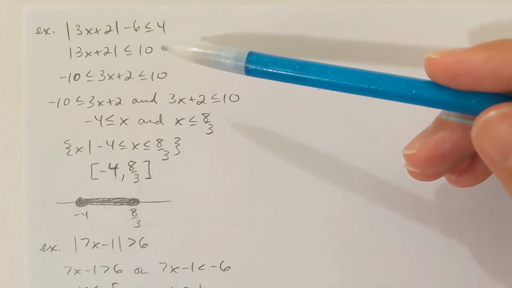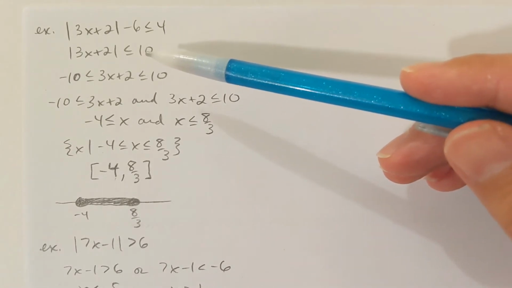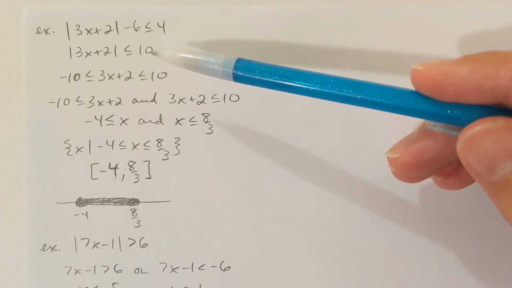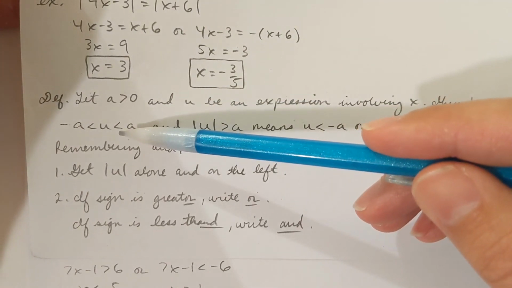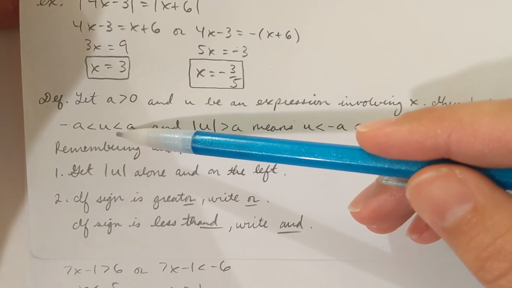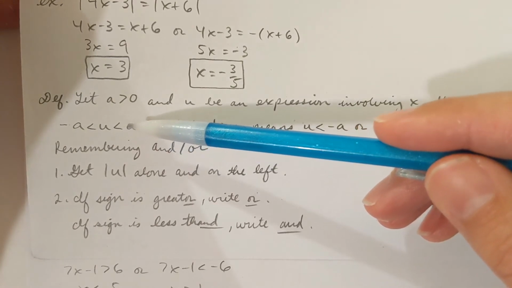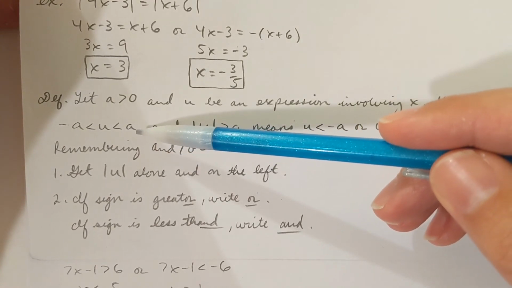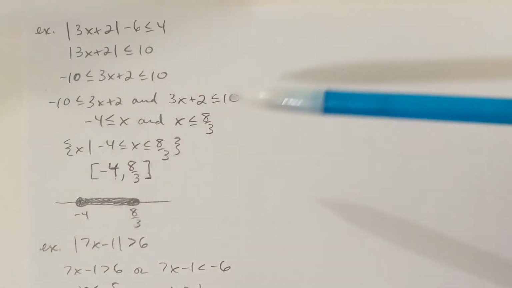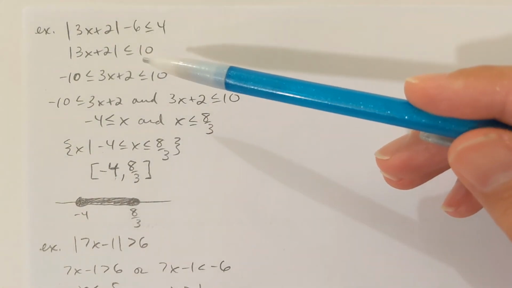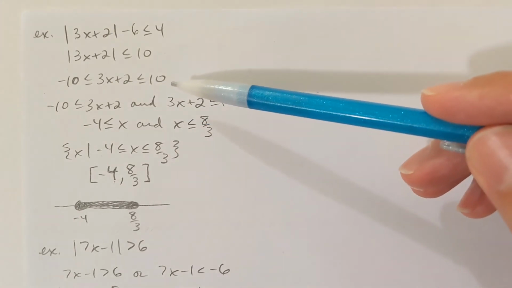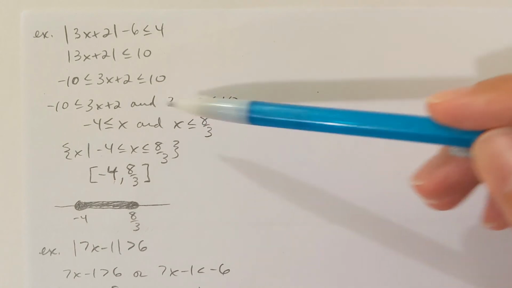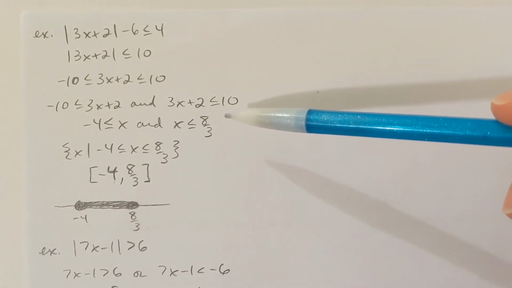And since that is a less than or equal to, I know I'm going to use my inequality saying that u is greater than negative a but less than a. A is 10, and u is 3x plus 2. So 3x plus 2 is greater than or equal to negative 10, which is less than or equal to 10. I can split this into two inequalities and then solve.